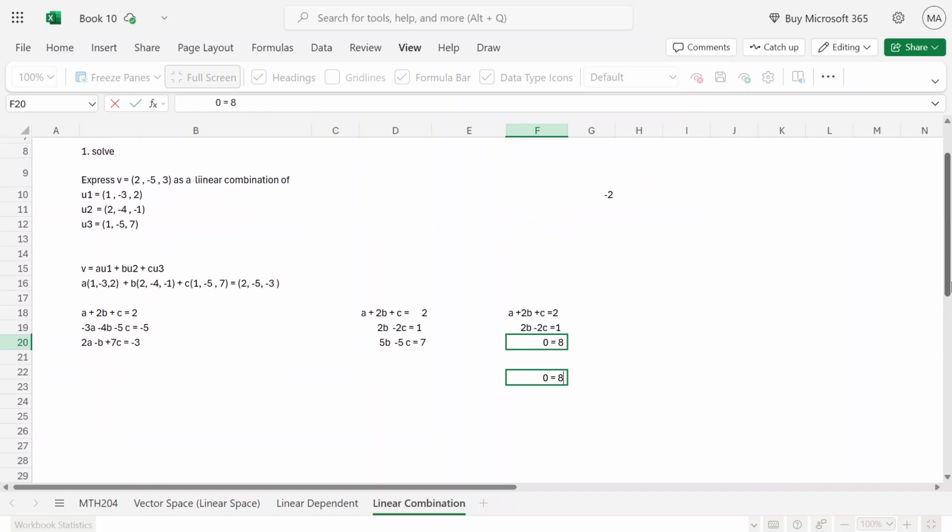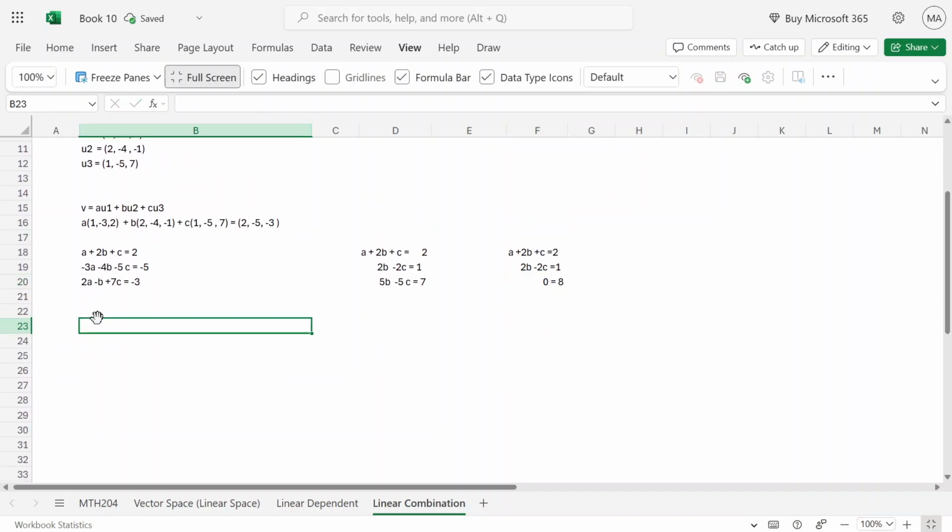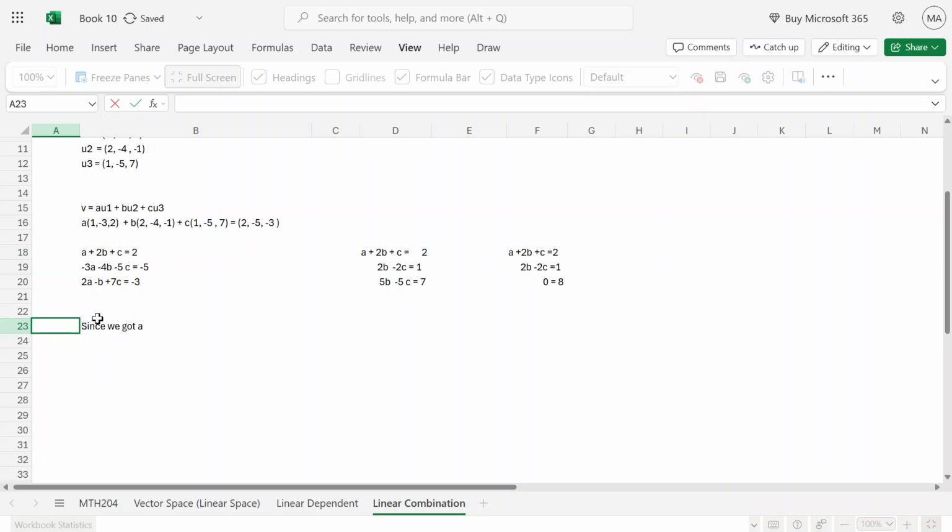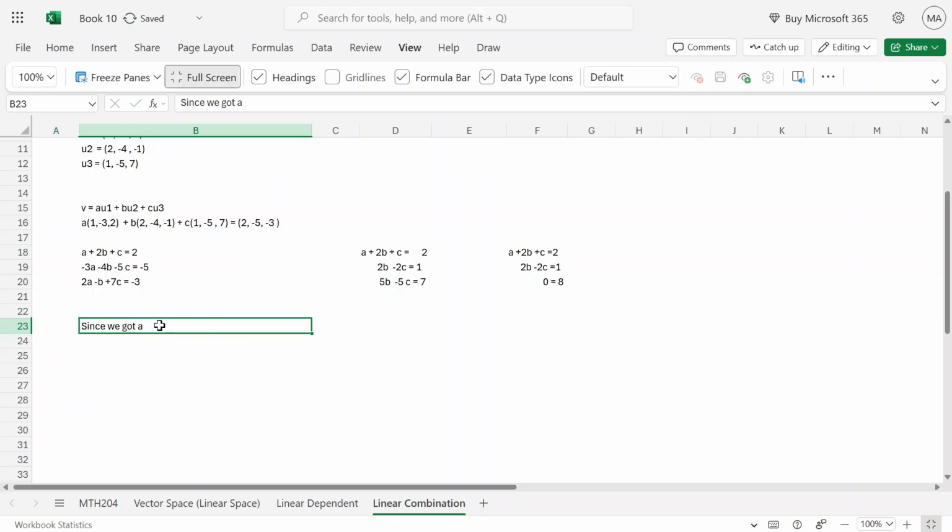So you just make a conclusion. 0 equals 8, no solution.